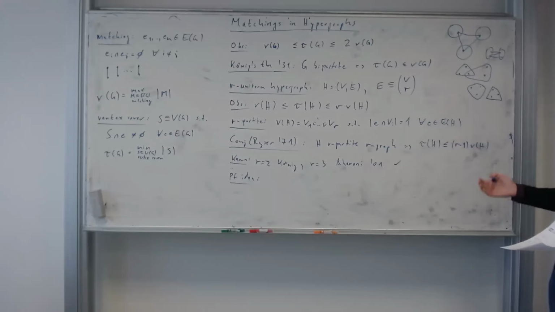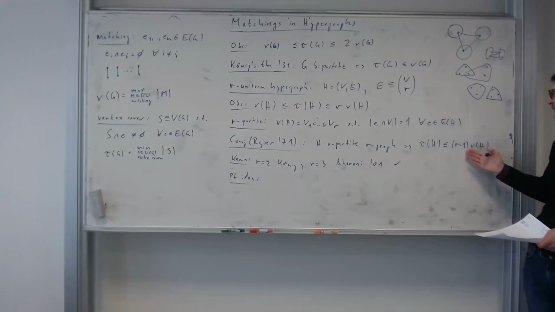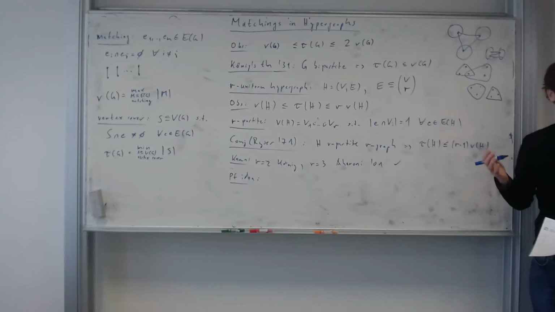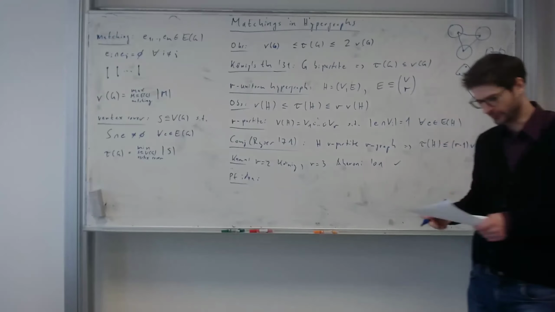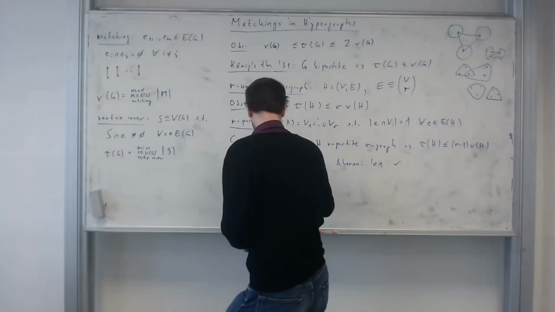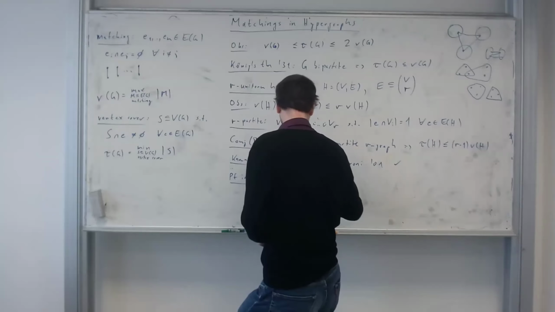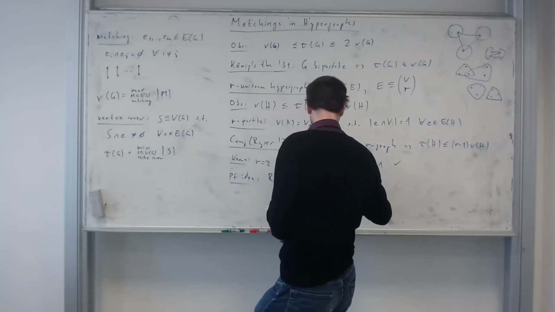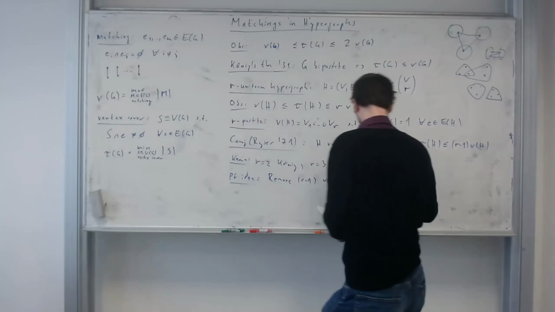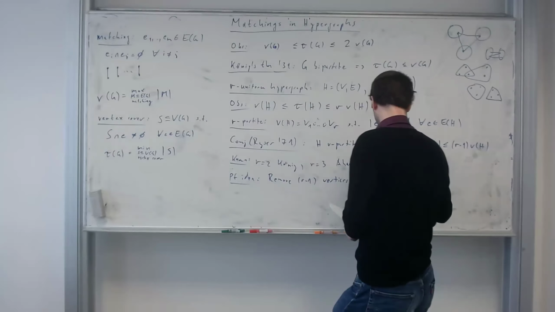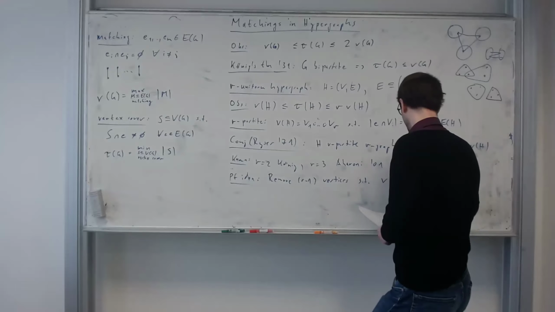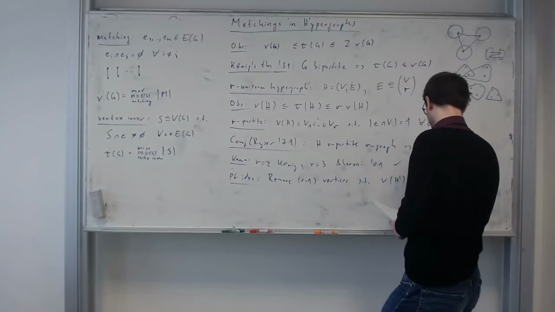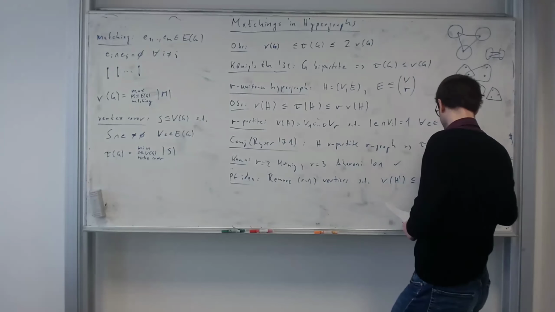So, what if you could find r minus 1 vertices in H, which if you remove them, the matching number drops by 1? Then this is what you would want to do, right? So ideally you would want to remove r minus 1 vertices such that you get a graph H prime, and then the matching number of H prime is strictly less than what you started with.